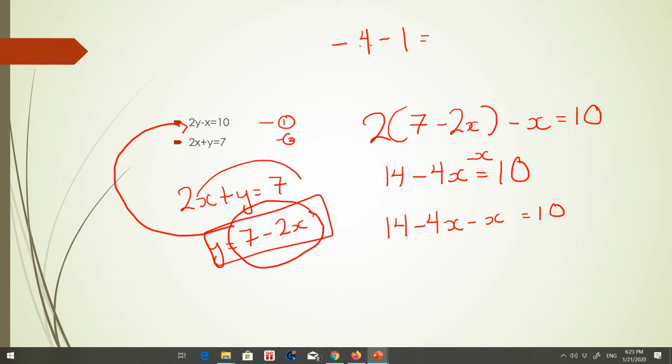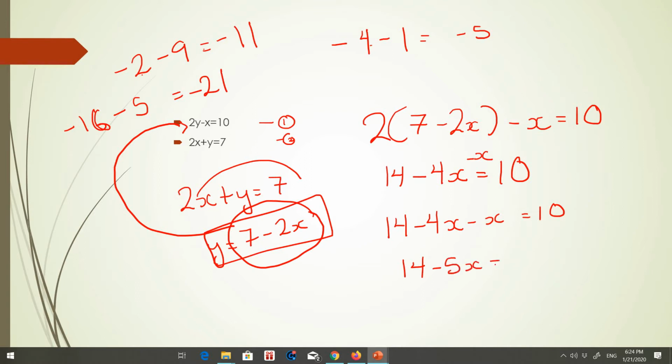So we have minus 4 minus 1 is minus 5. If we have minus 2 minus 9, add the two values together and keep the minus, so minus 11. Minus 16 minus 5, 16 plus 5 is 21, we just keep the minus. So minus 4x minus x will be 14 minus 5x equals 10.